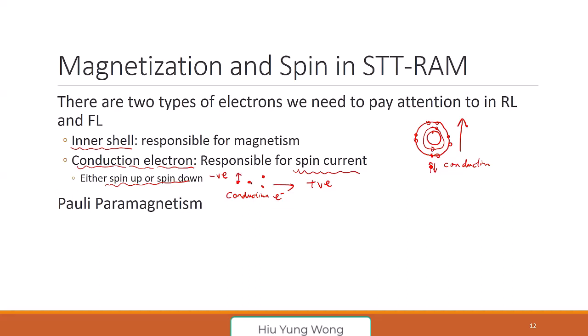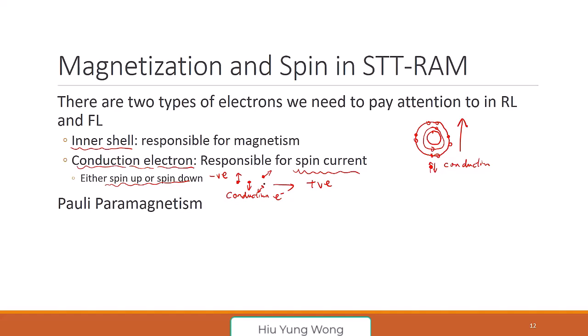They might be spinning in different directions, so they cancel out. What I'm trying to tell you is that these electrons that are moving have spin also. Okay, got it.